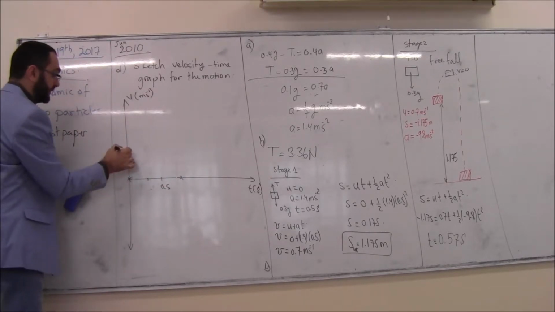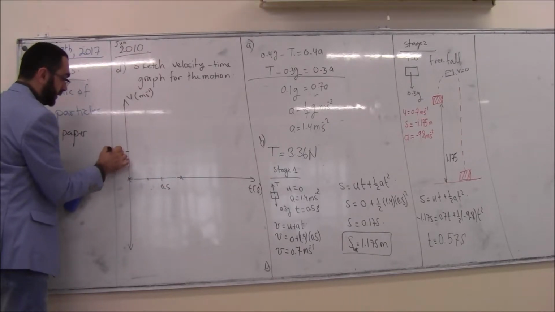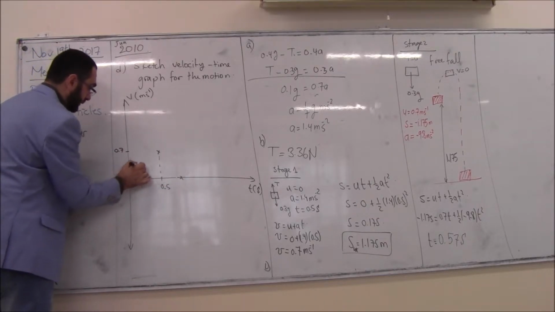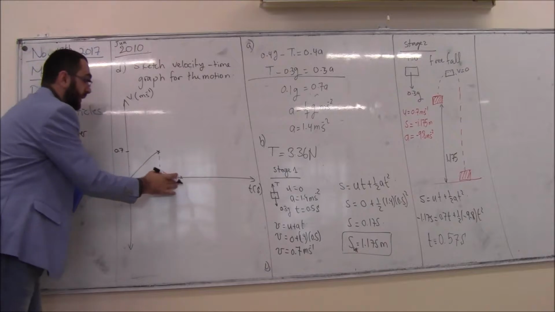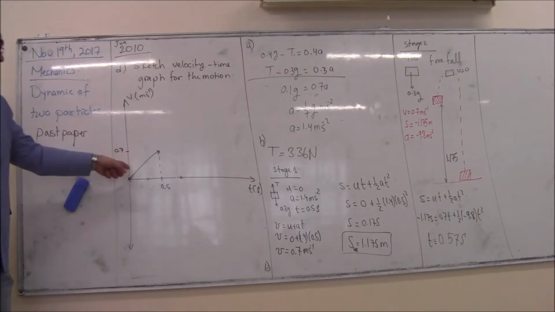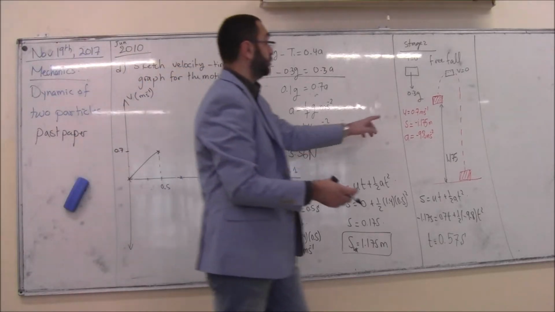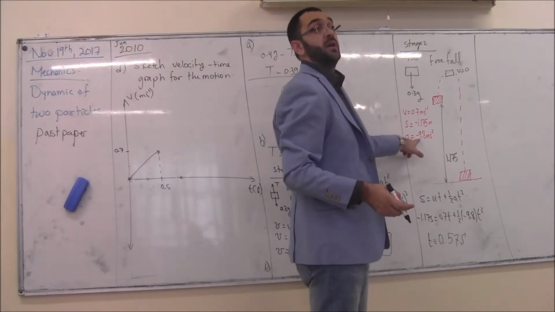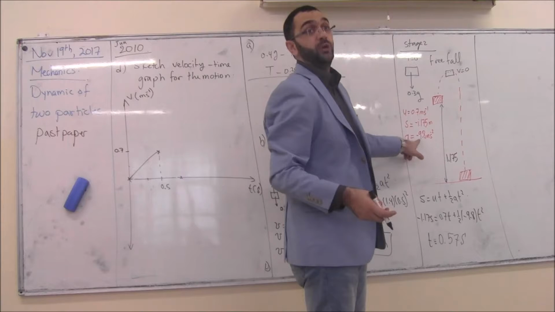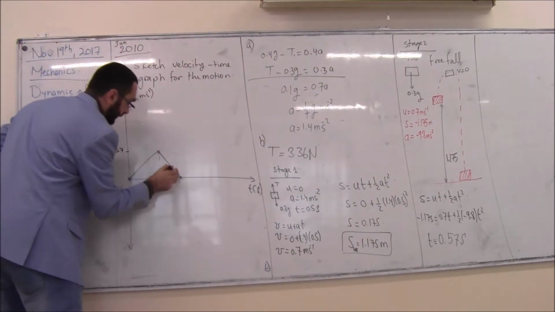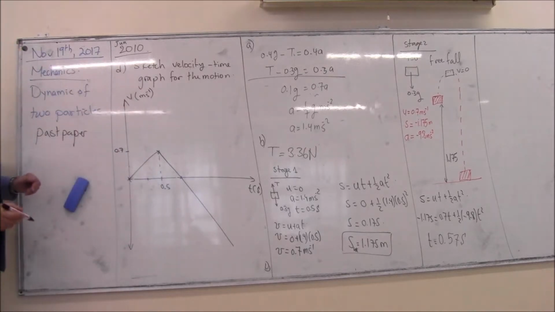So I put 0.5 in order to show the steepness of the graph. This is acceleration. The acceleration here is 1.4 in stage 1. In stage 2, the acceleration becomes minus 9.8, which is steeper, closer to the y-axis or the vertical.